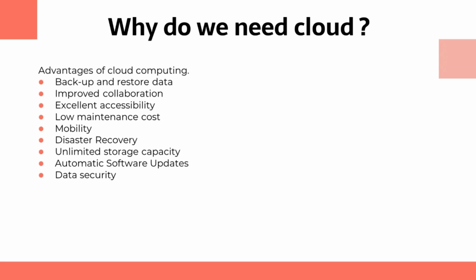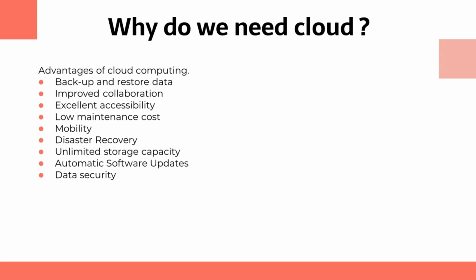And next comes disaster recovery. We can also recover the data if a disaster happens in a particular region or availability zone where we hosted the application, through simple configurations. Let's say you have hosted your application somewhere in North Virginia, or in India in the Mumbai region.